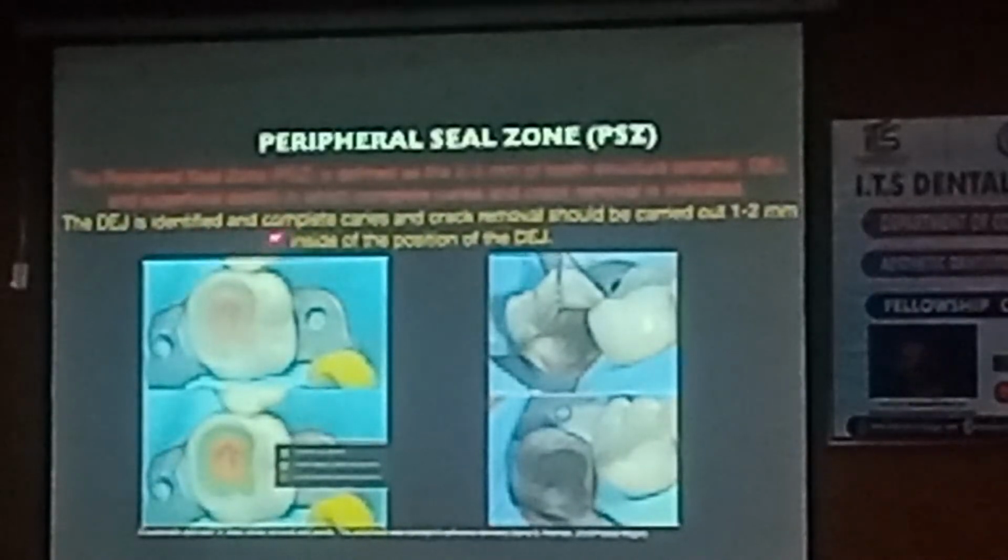At the dentine-enamel junction, complete caries and crack removal should be carried out 1 to 2 millimeters inside the position of the DEJ. Here you can see the green area as the superficial dentine, the yellow is the inner caries, the affected dentine, and the red is the outer caries, the infected dentine, which needs to be taken out.